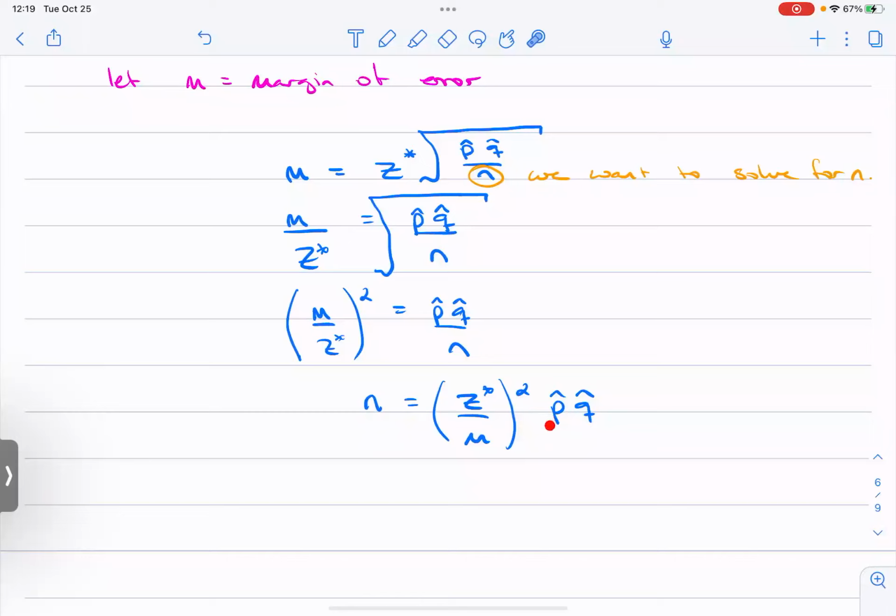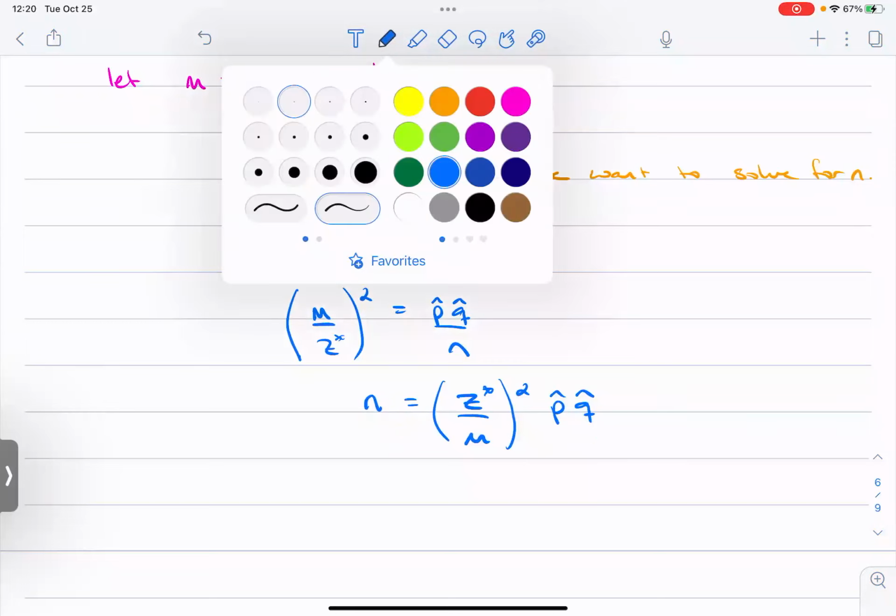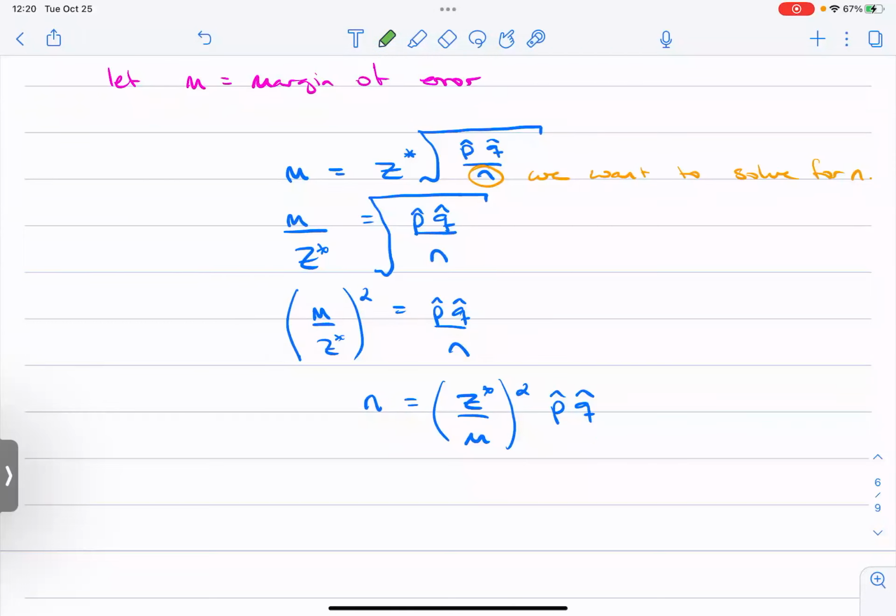Or if I have no clue and I want to maximize my n, then I'm going to use 0.5 as a conservative estimate, because a 50-50 split is what gives me the largest value of n.